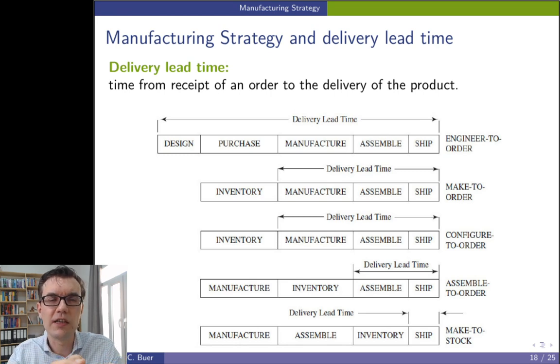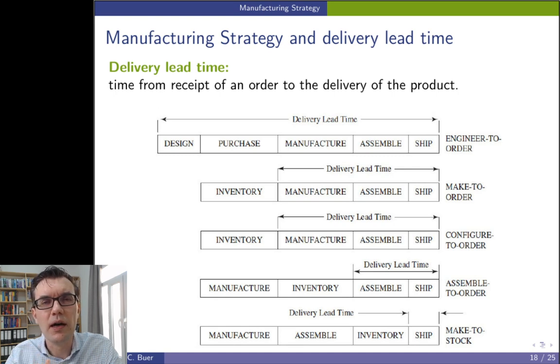Which manufacturing strategy is used by a manufacturer of automotives? So when you buy a new car, you place the order in the showroom. Which manufacturing strategy is used? And is this strategy the same independent of the brand, or does it depend on the brand?